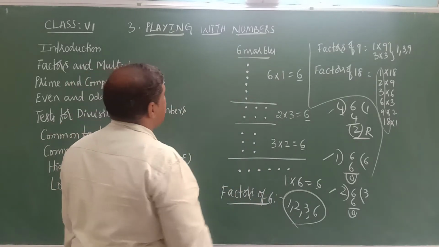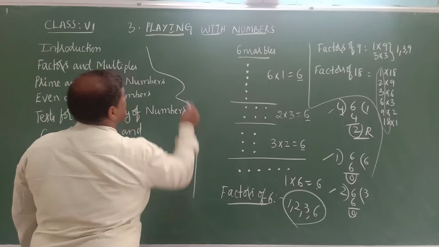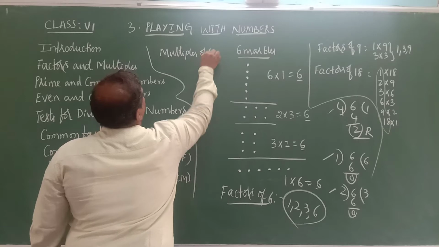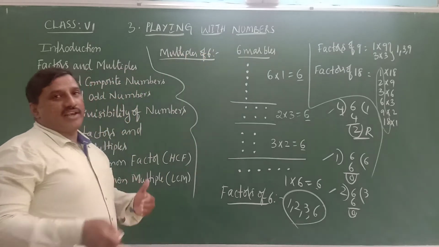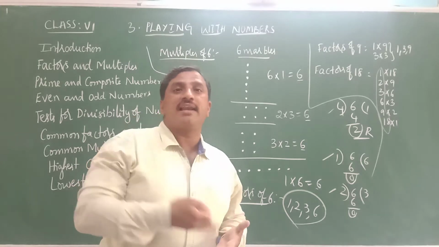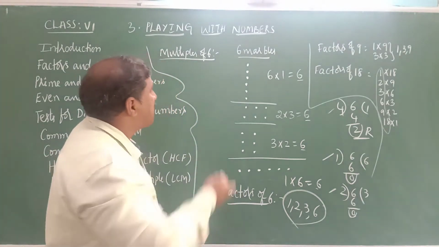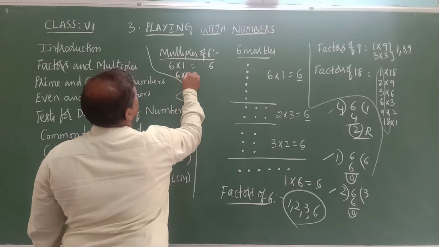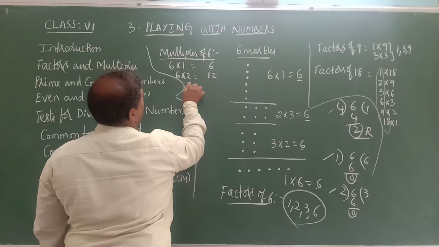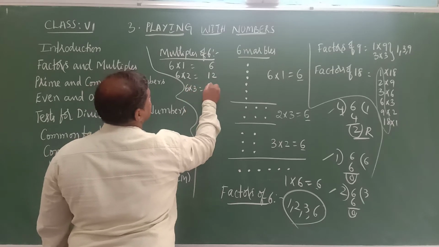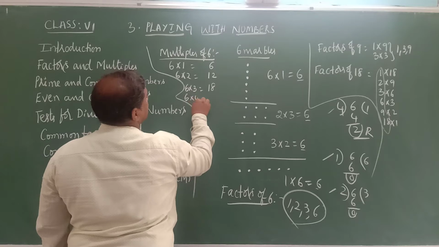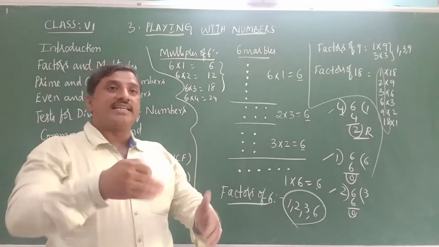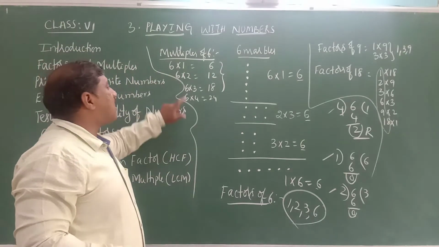As I told you, the products which we get by multiplying a number by another number are known as multiples. 6 is multiplied with 1, the product is 6. 6 twos are 12. 6 threes are 18. 6 fours are 24. So 6, 12, 18, 24, 30, 36 and so on are the multiples of 6.